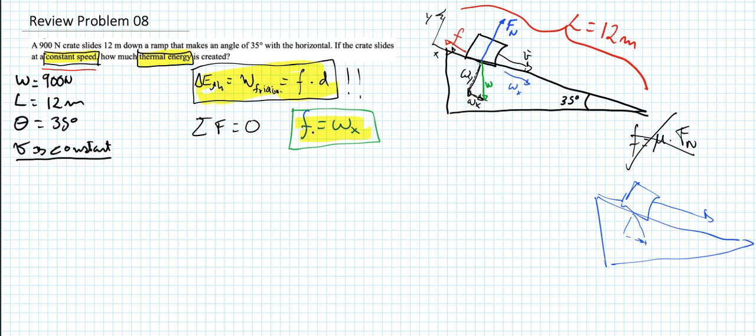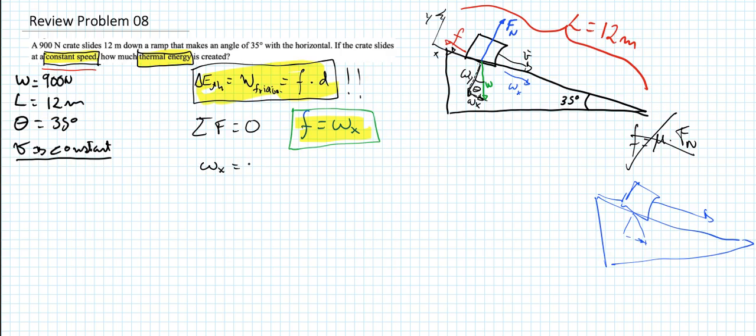Now that I have this, how can I calculate my weight in x? Well, this theta is the same 35. So that means my weight in x will be equal to, if you remember, this line here will be opposite to the theta.